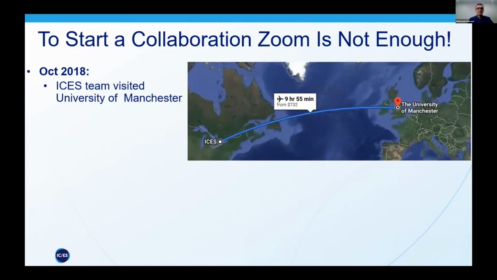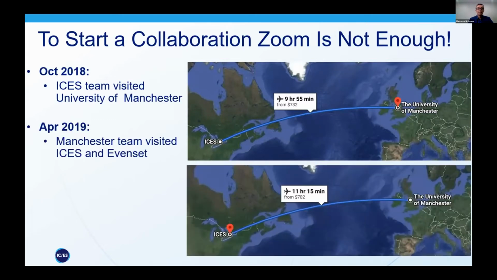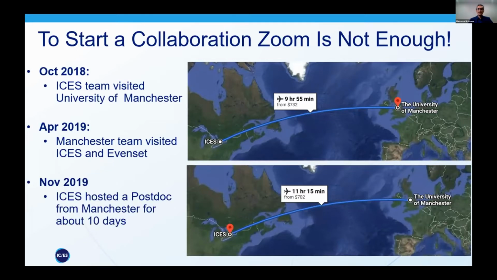It was pre-pandemic, so we traveled to Manchester to meet the Manchester team. They traveled back about a year later to visit ICES, and we hosted a postdoc from Manchester at ICES to give an opportunity to run the models that we were developing against real data. And please don't ask me why traveling from Toronto to Manchester is shorter than traveling from Manchester to Toronto, and even cheaper.